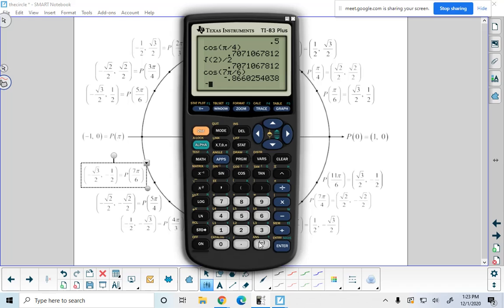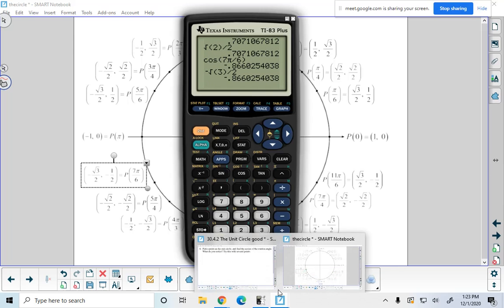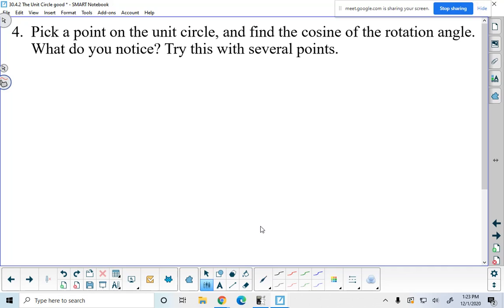And if I take negative root 3 and divide it by 2, I get negative 0.866. What we notice, everybody, is that the cosine of the angle is the x-coordinate. So on the unit circle, cosine of theta equals the x-coordinate.